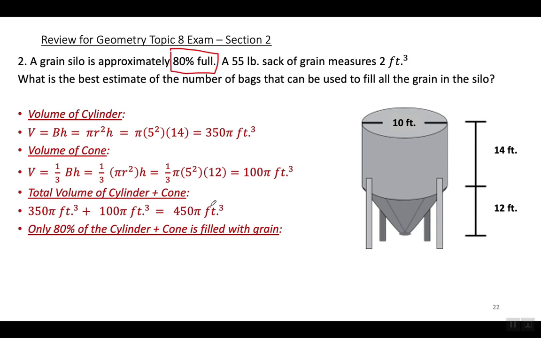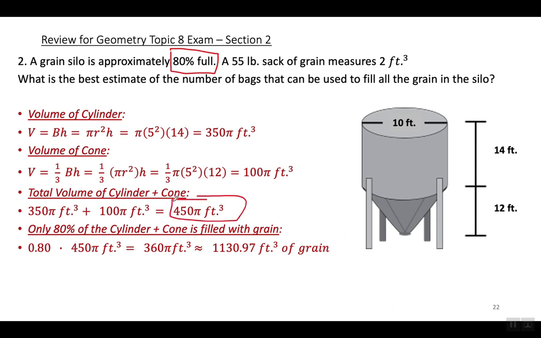All right, so we're going to get 80% of the total volume of this composite figure by multiplying 0.80 times the volume of the composite figure, which is 450 pi. So when I multiply 0.80 times 450 pi, I get 360 pi.